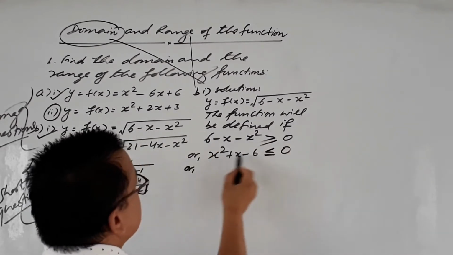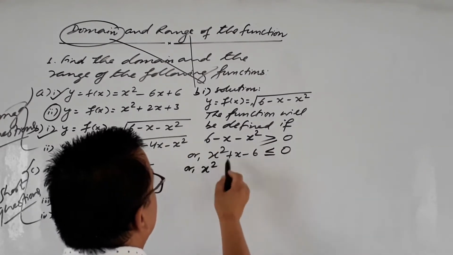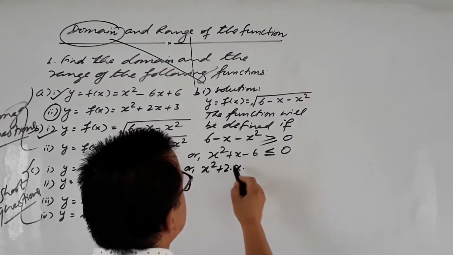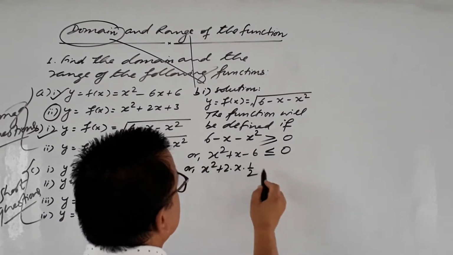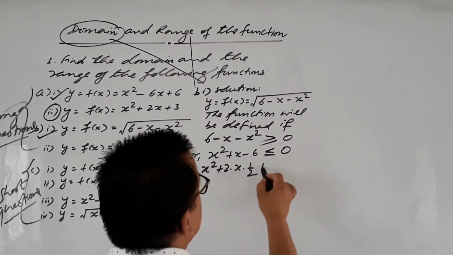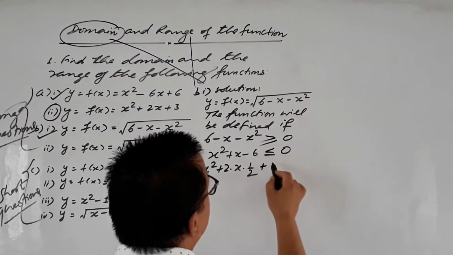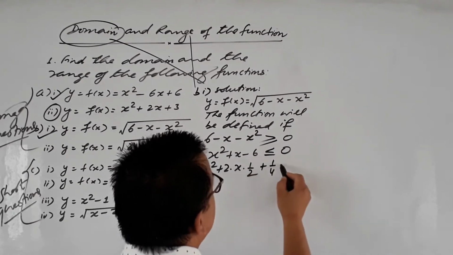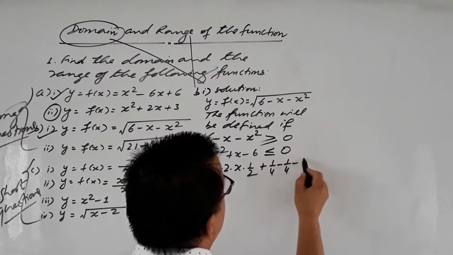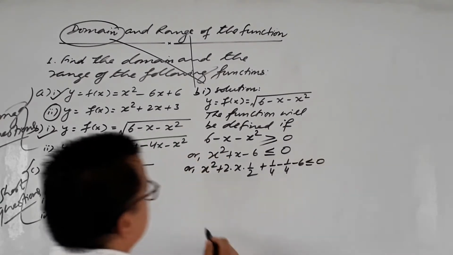So again, let's take the whole square form, x squared plus 2 into x into, because here it is x only, so let's take half. Here now this will work for b squared, 1 by 4 minus 1 by 4 minus 6 less than or equal to 0.